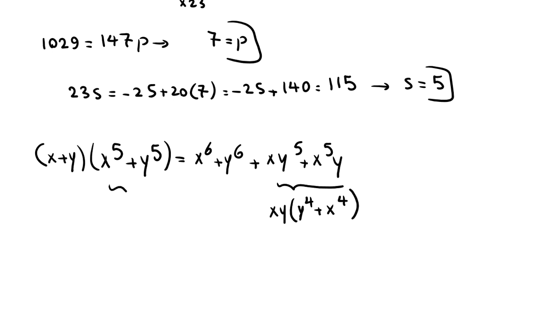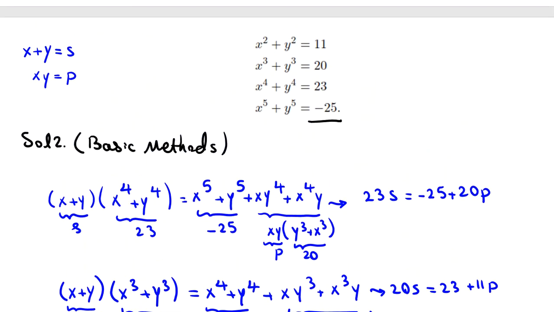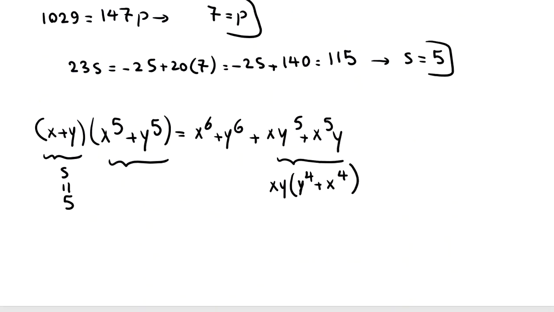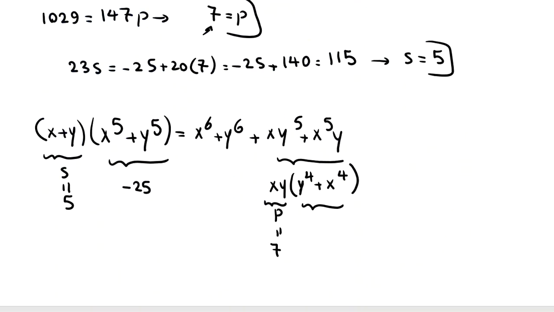So if I replace from the assumptions of the problem, x plus y is s, and we found s is 5. x to the 5 plus y to the 5 here we know is negative 25. Let's replace it, negative 25. For xy, the product p, p is 7. x to the 4 plus y to the 4 from the assumptions of the problem is 23.